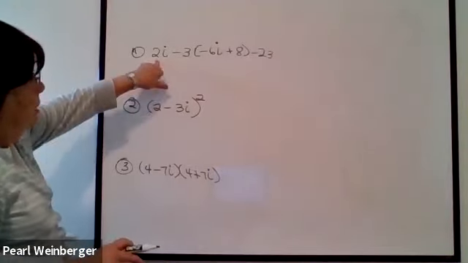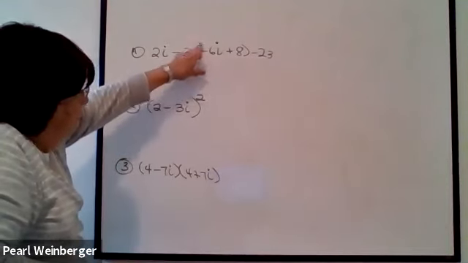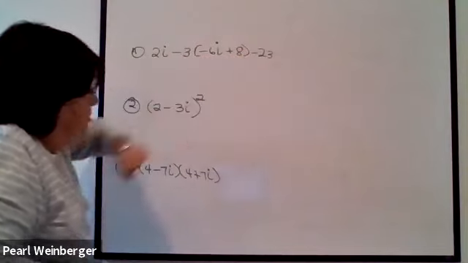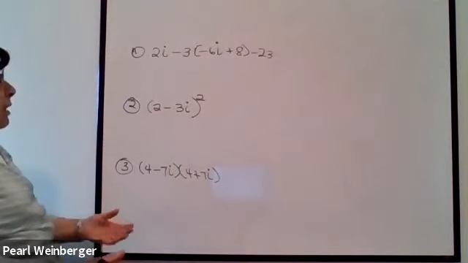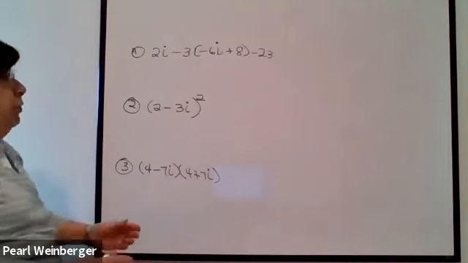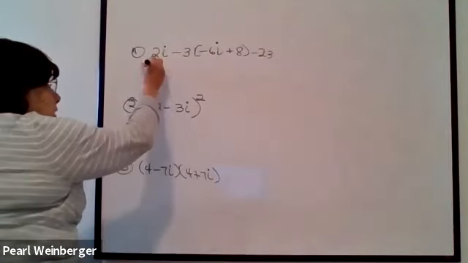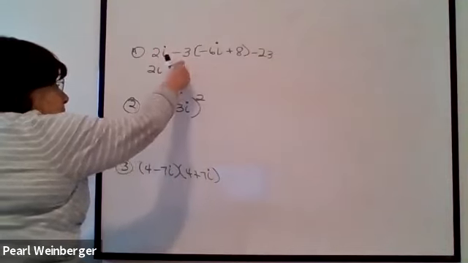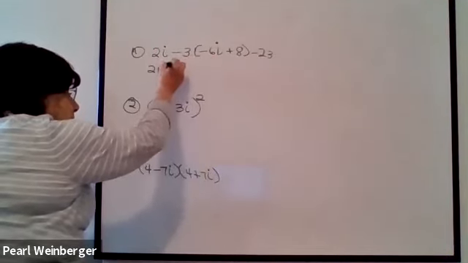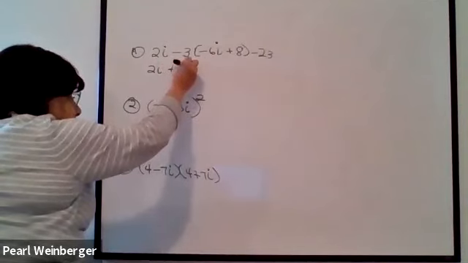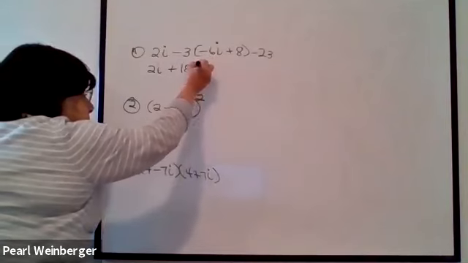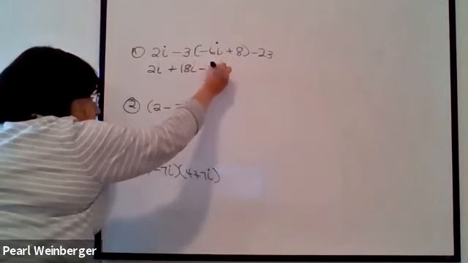We have 2i minus 3, parentheses, negative 6i plus 8, close parentheses, minus 23. And this is regular algebra. We want to remove the parentheses. So we'll have this 2i, use the distributive law, negative 3 times negative 6i is plus 18i. Negative 3 times positive 8 is negative 24.